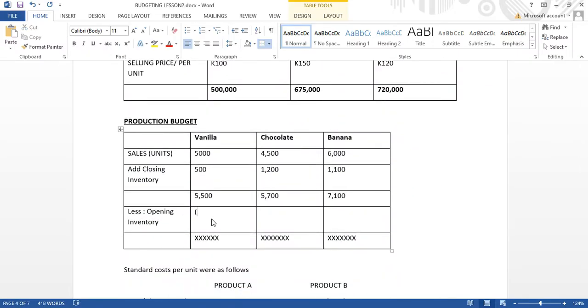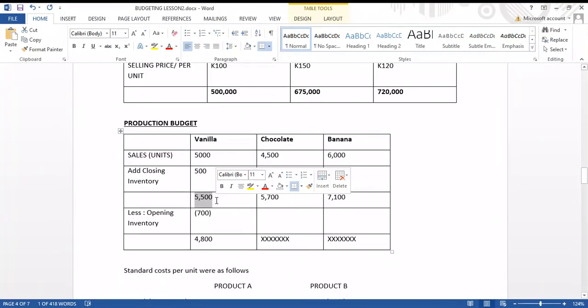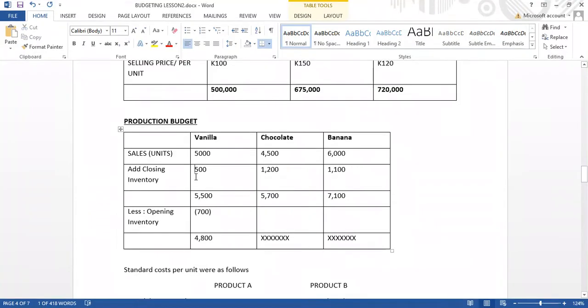So 5,500 minus 700, we will need to produce 4,800 units of vanilla. We produce 4,800 units of vanilla plus our opening inventory of 700 units. We'll have a total of 5,500 units, of which 5,000 can be sold, and our closing inventory, we can remain with 500 units.